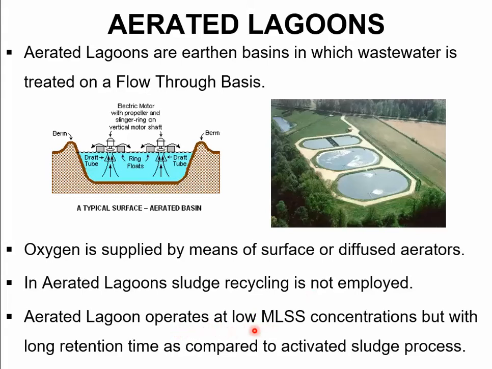So aerated lagoons operate at low MLSS concentration, and you should remember that MLSS concentration represents the concentration of bacteria in the aeration tank or aerated lagoon. So it is low MLSS concentration but long retention times, as the bacteria are less in numbers, so they require more time to oxidize organic matter. So long retention times are provided as compared to activated sludge process.